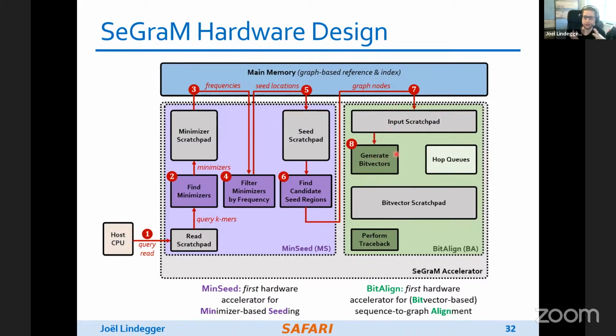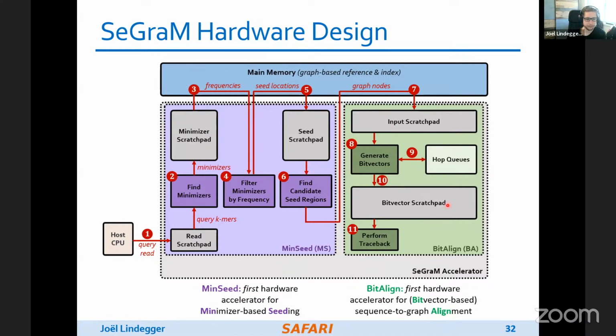That means we have a computational module that executes something close to the GenASM algorithm. Here there's a new component, hop queues, that doesn't exist in GenASM, and I'll go into why we need this in a second. And then we send the generated bit vectors to another scratchpad and finally perform traceback as you know it from GenASM.